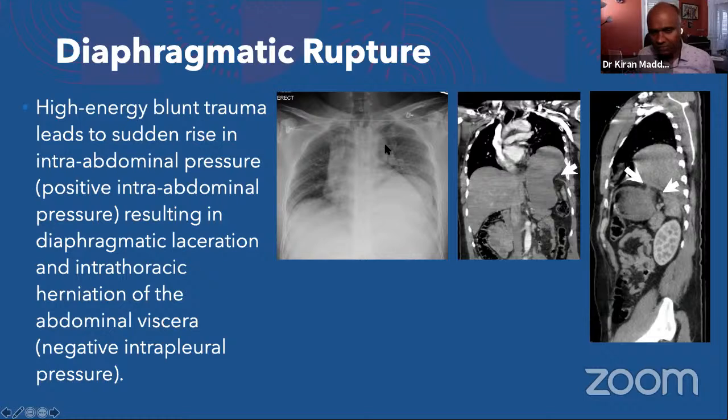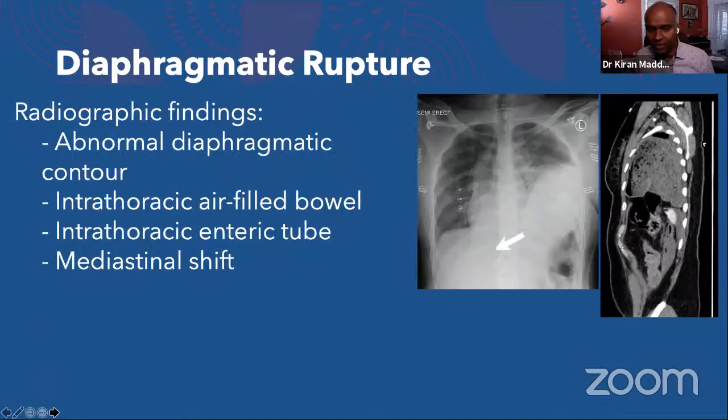Most of the times, not all the times, but most of the times, you will be able to identify it on the chest radiographs, but sometimes the sensitivity may be a little bit less, but CT always helps in the management and how to plan the surgical treatment.